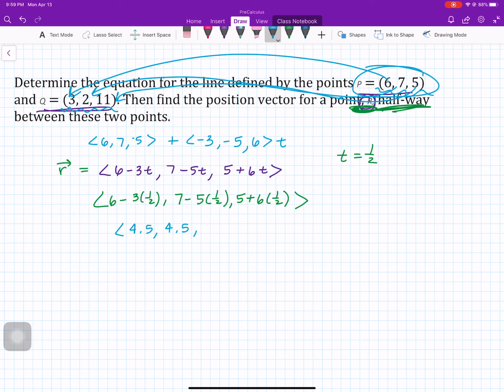And then I have 5 plus 3, which is 8. And this would be my resulting vector. That would be halfway between (6, 7, 5) and (3, 2, 11).